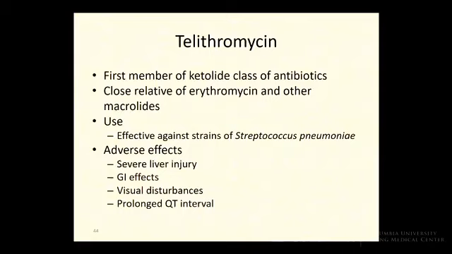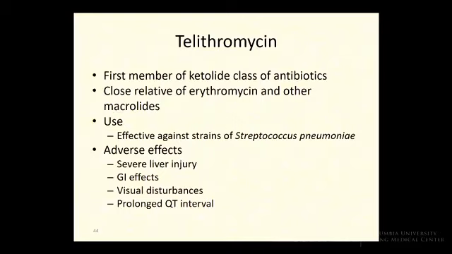Telithromycin. Telithromycin is the first member of what's called the ketolide class of antibiotics. It's a close relative to erythromycin and other macrolides. So it's chemically similar to the macrolides, okay? But it's a fairly new drug.